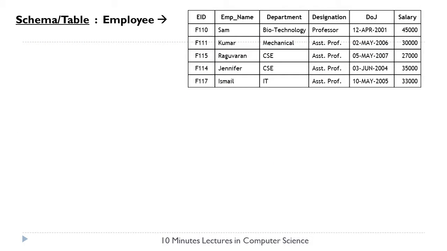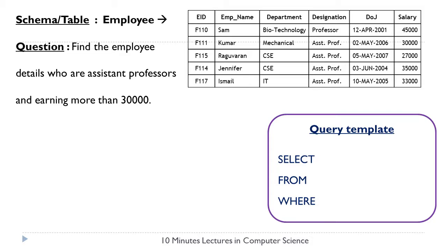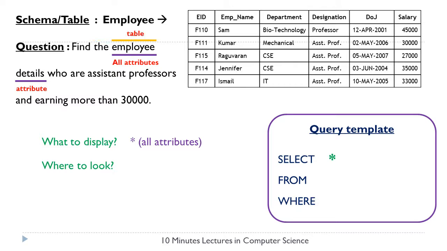In this second example, we have two conditions to be validated, and both conditions must be true to include a particular record in the result set. So here we need to display all the employee details, so we include star in the select clause, and we need to take the data from the employee table.